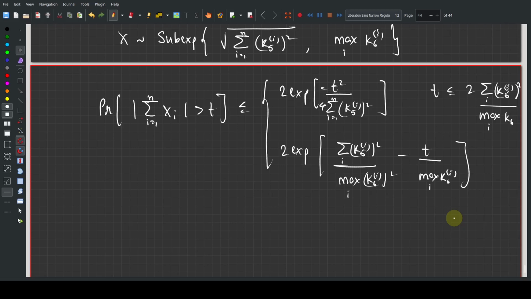So this is a useful bound on the sum of any general sub-exponential random variables.